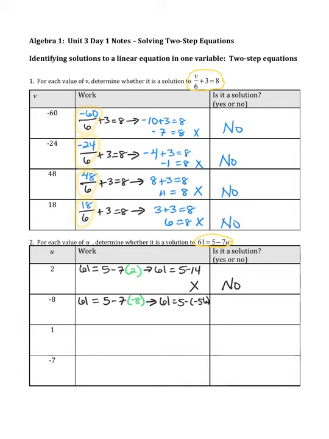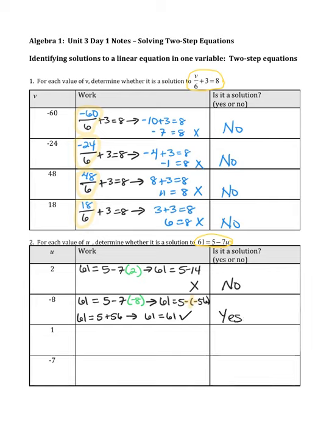You can connect them, see how I did that? Made a plus sign. I'll rewrite the equation. That's like saying 61 equals 5 plus 56. And 61 does equal 61. Hey, we have an answer. A good one, rather.